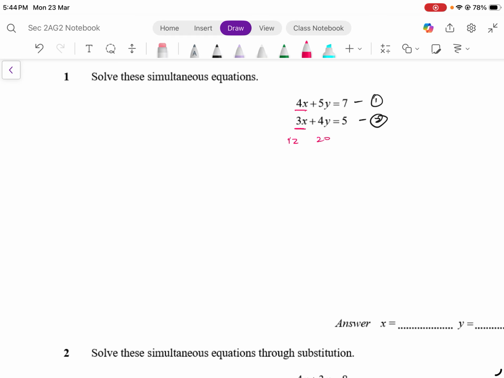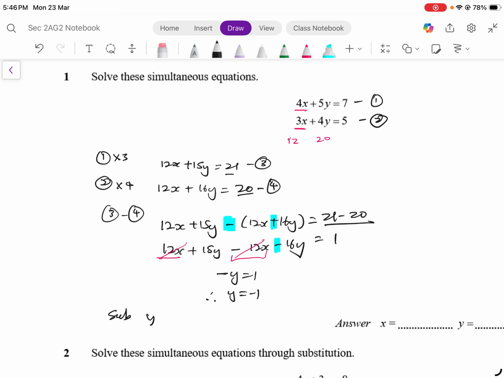So 12x minus 12x will become 0. Then you have 15y minus 16y, which gives minus y equals 1, so y equals minus 1, because you want a positive y.